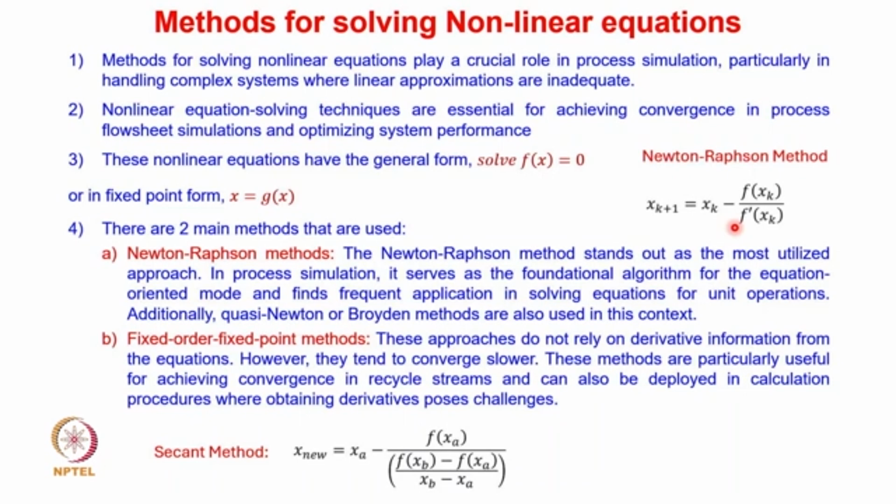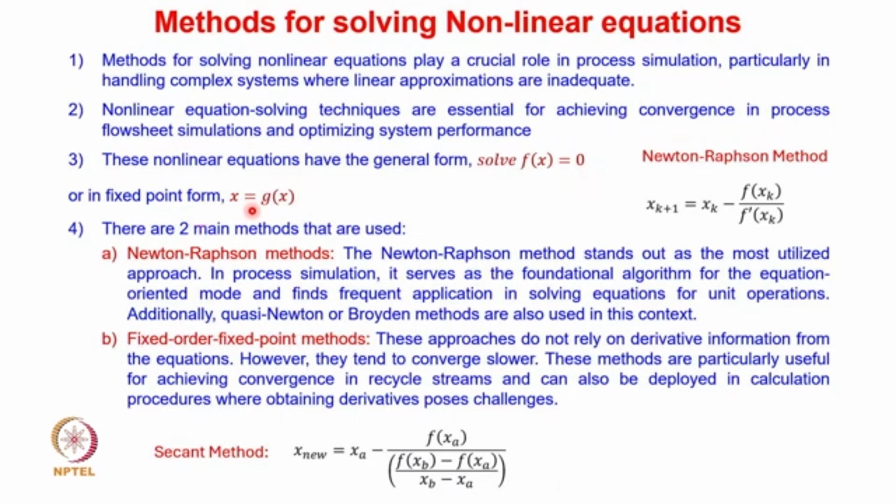There the denominator will be a Hessian matrix, whereas the numerator will be the Jacobian. In addition to solving f of x equals 0, sometimes we also want to solve in a fixed point form. Fixed point form is what?